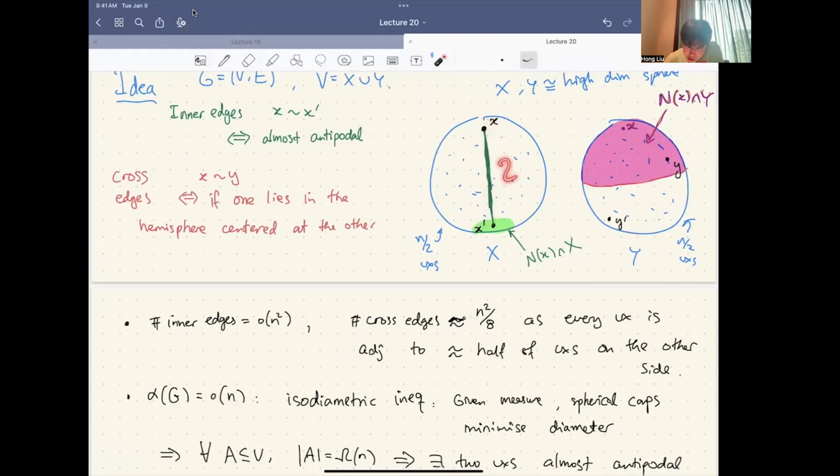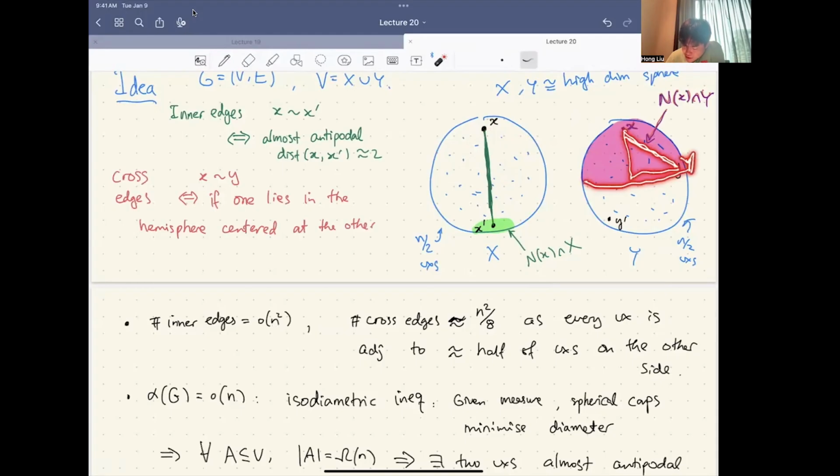Antipodal means what? If this is the unit sphere, radius 1, the distance between x and x prime is almost 2. Let me write it here. And if they are adjacent as a cross edge, y lies in the hemisphere centered at x.